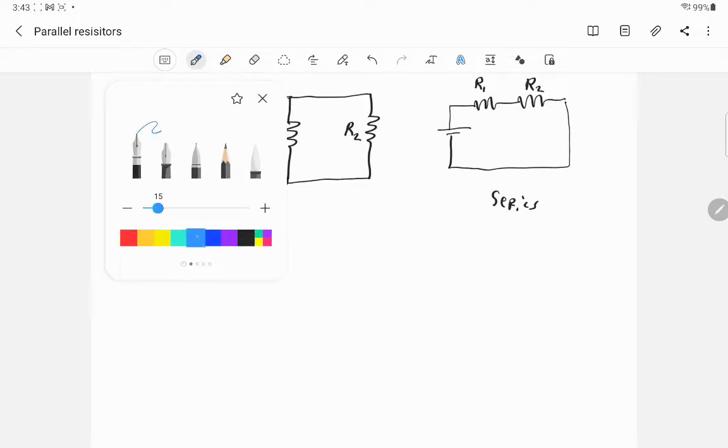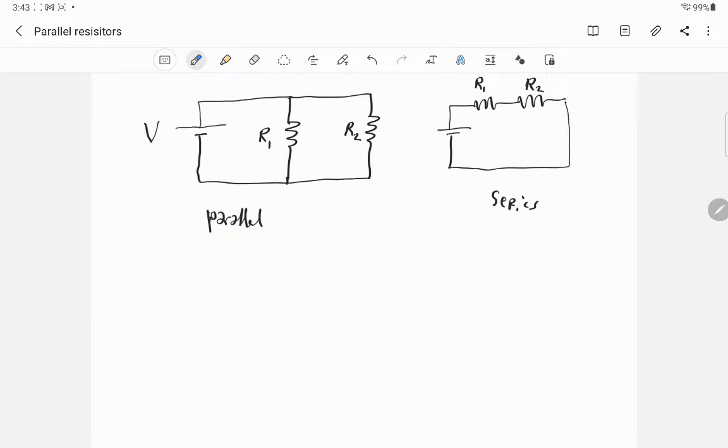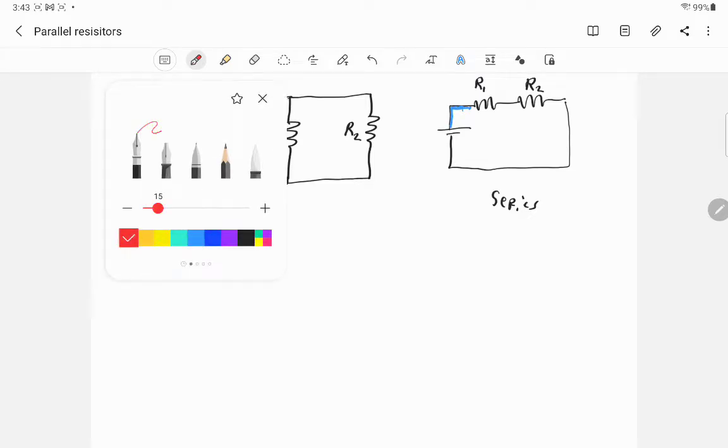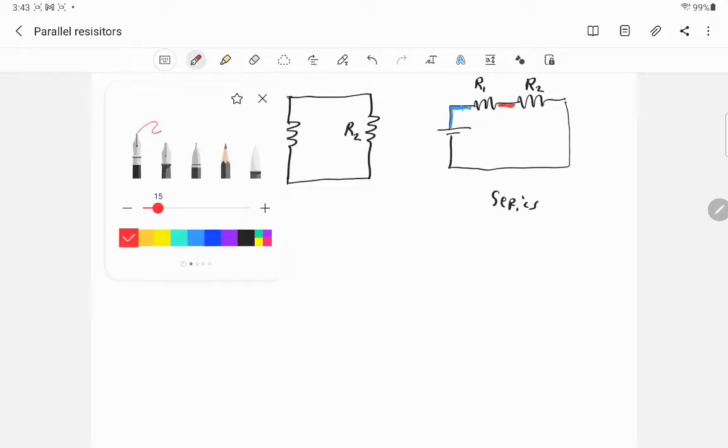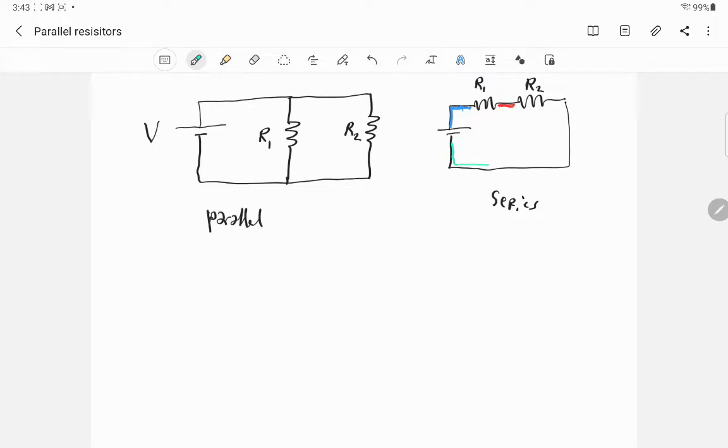If I was to count conductors that are completely separate from each other, I've got this conductor, I've got this conductor, and I've got a third conductor that goes all the way around back here. So I've got three conductors.